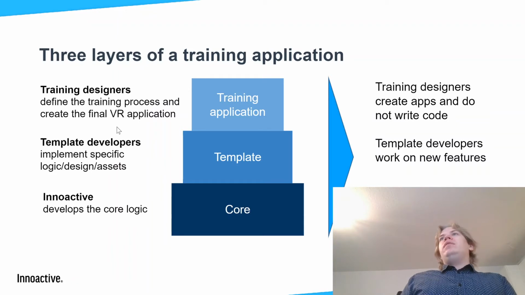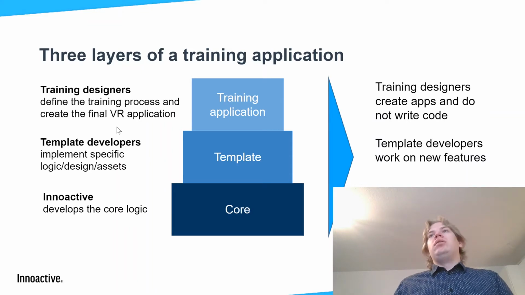At Inactive, we often refer to a concept of 3 layers of a training application. So there are 3 layers: the core, the template, and the training application itself. And there are 3 different roles that are responsible for every part of it. So at the very base, there is Inactive Creator core.